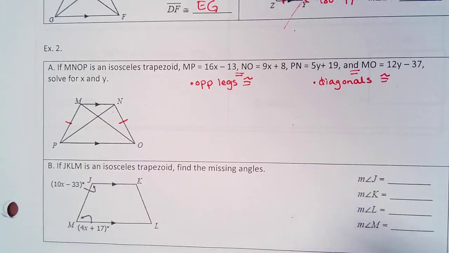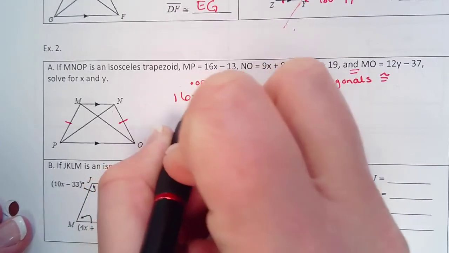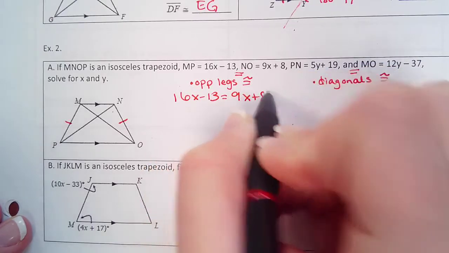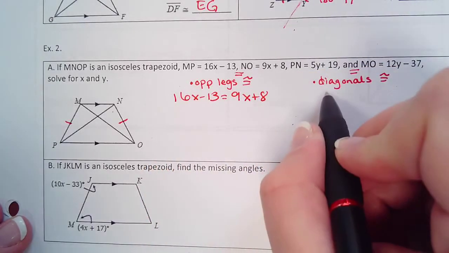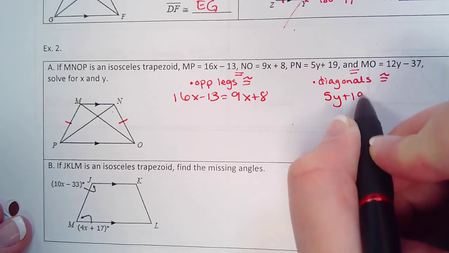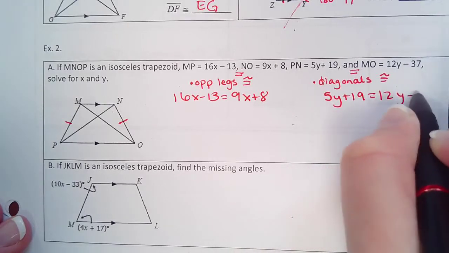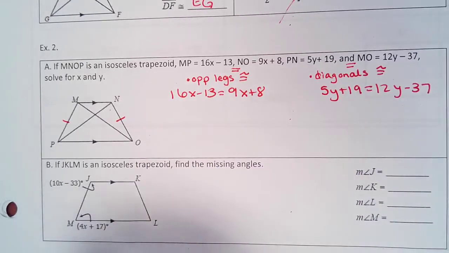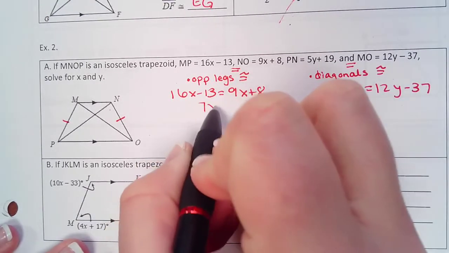So we just have two equations here, kind of two problems in one. So I'm going to have 16x minus 13 equals 9x plus 8. My other equation is going to say 5y plus 19 equals 12y minus 37. Pause the video and solve for x and y on your own. Okay, so subtracting 9, 16 minus 9 is 7x.